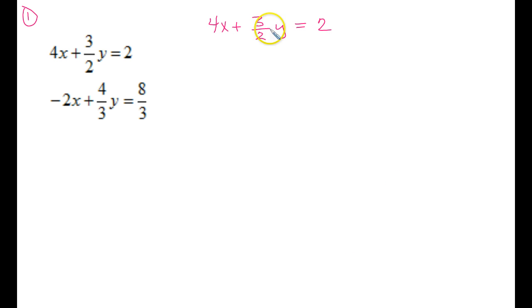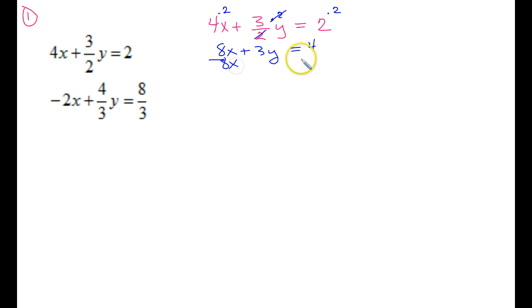In this case, I would not do anything until I cleared this fraction. So first I'm going to multiply by 2 to every single term so that this fraction cancels out. This would give me 8x, this would give me 3y, and this would give me 4. Now it's really easy to solve for y.